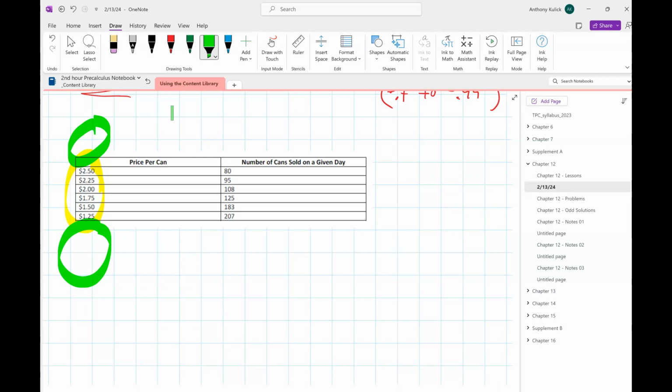If I sold these cans for $250 a can, how many am I going to sell in the real world? Zero, right? Nobody's going to buy a can of food for $250. Everybody agree? But what's the model going to spit out?